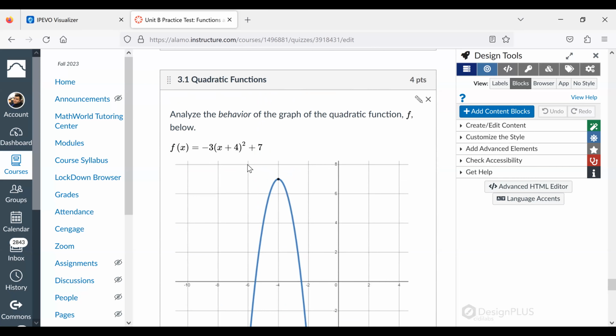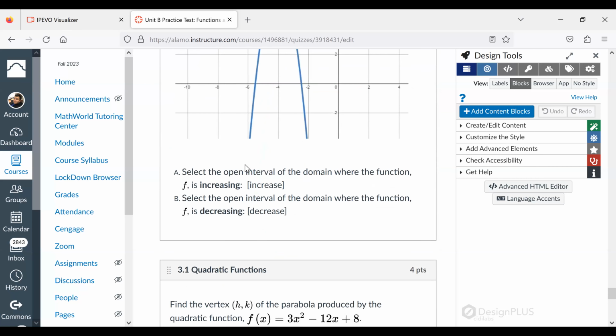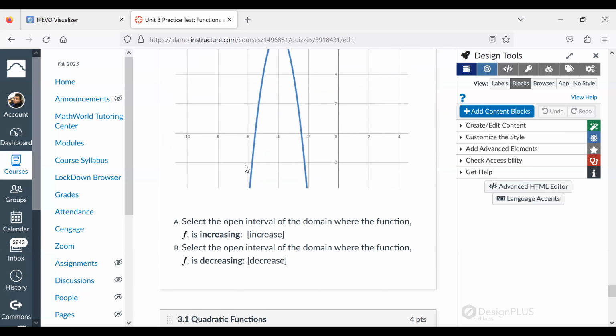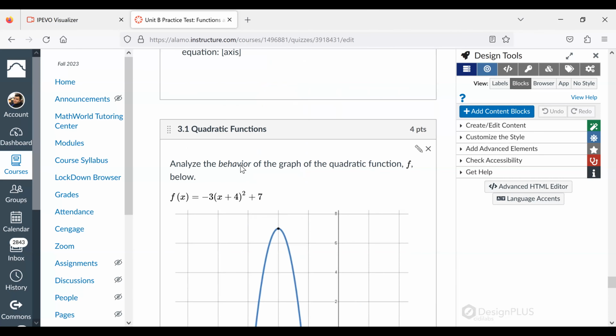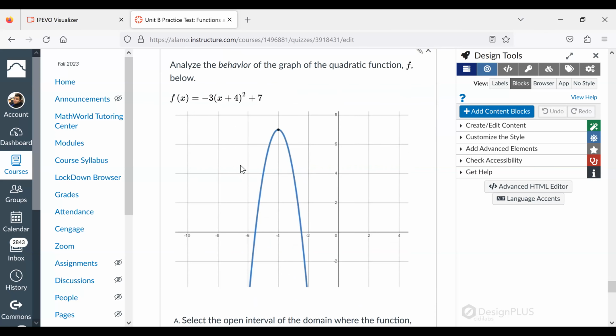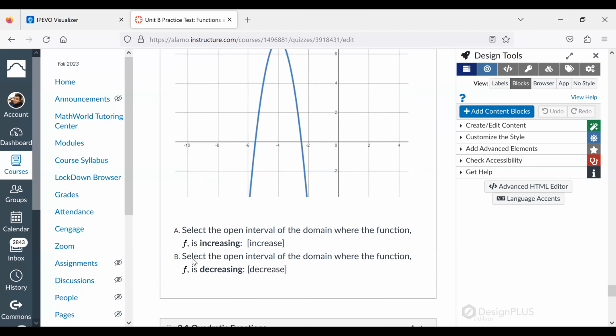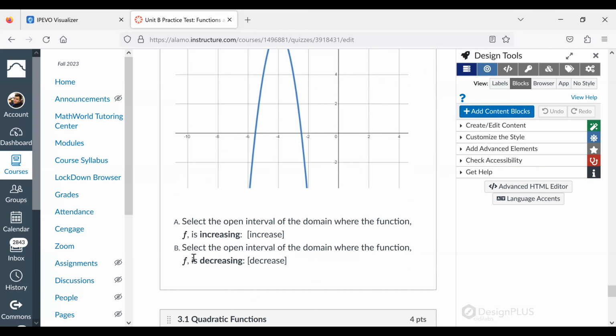Alrighty. This is the same thing. Let's move on.